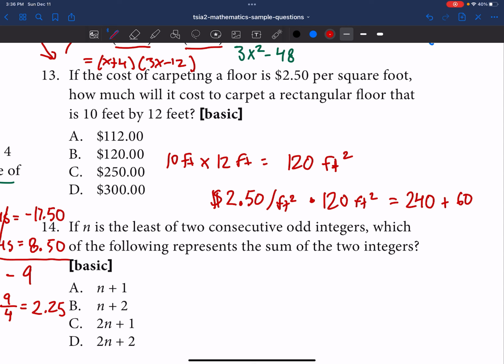So it's 240 plus 60, because that's the 2 and the 0.5, and that's going to equal $300. That'd be our units here, $300. So it's answer choice D.